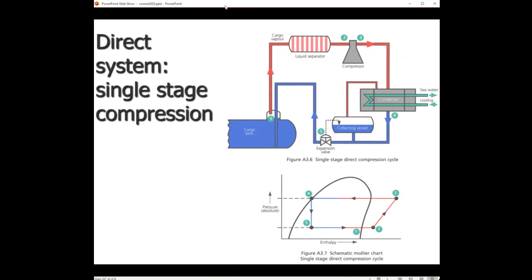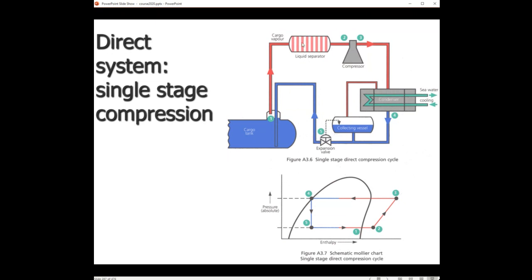So before we send this vapor to the compressor, we must make sure that there are no droplets anymore inside the vapor. That is why we install a liquid separator. In this liquid separator, the small droplets are filtered out of the cargo vapor, and what is going to the compressor is only vapor, because the droplets will accumulate here at the bottom of the liquid separator, and by the ambient temperature, finally, these droplets will evaporate and can also go to the compressor.